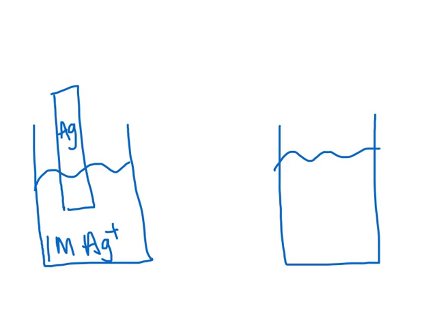So on the right side, the other half reaction was the Fe2 plus becoming Fe3 plus. Both of those are ions. Both of them go into the solution. So what do I make my electrode out of? Well, I didn't have any solid iron in my equation.